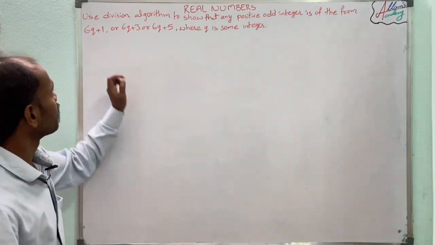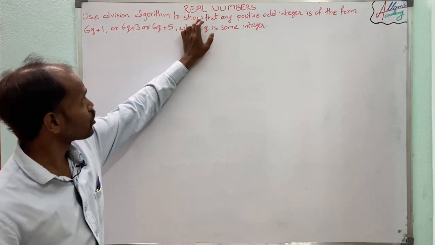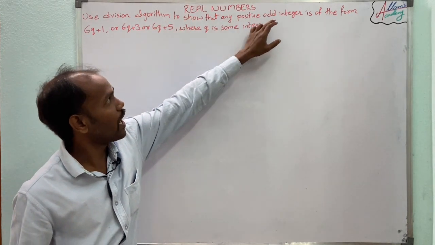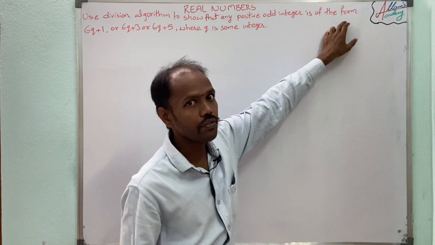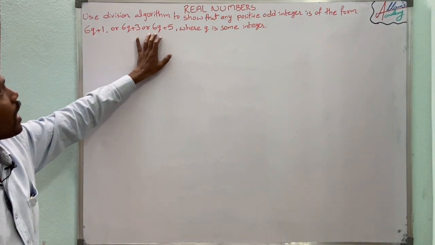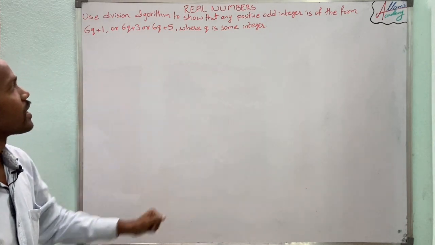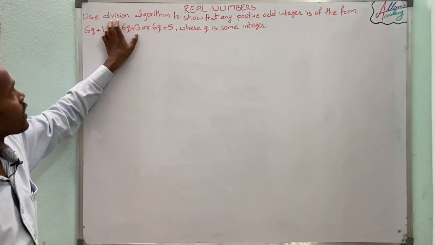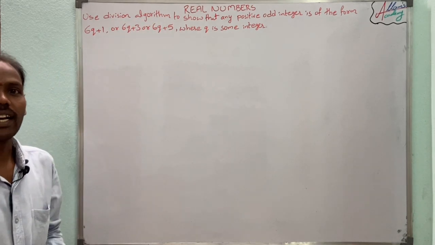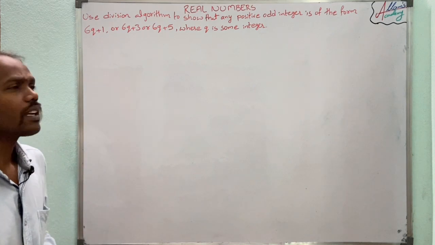So here is a given problem: use Euclid division algorithm to show that any positive odd integer is of the form 6q plus 1 or 6q plus 3 or 6q plus 5, where q is some integer. Here we use the division algorithm. Division algorithm means that is nothing but Euclid division lemma.